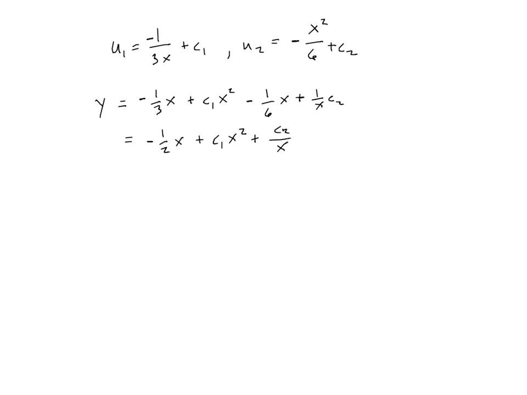And you notice that these last two terms are exactly like our complementary solution. So this is sort of like a brute force way of going about solving for what the particular solution is, assuming that you just couldn't guess and figure it out from there.